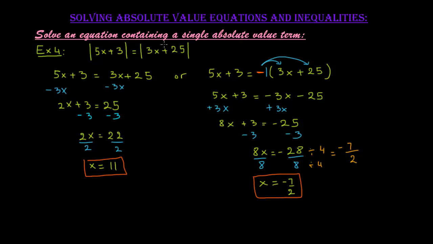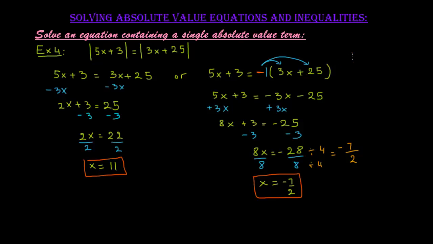So as we see, even when we have two absolute values on both sides, we still solve the same way. You just need to remember that when you put the negative on the right side, we need the parenthesis. So that is really important.